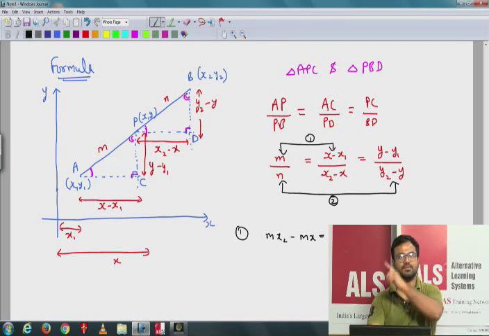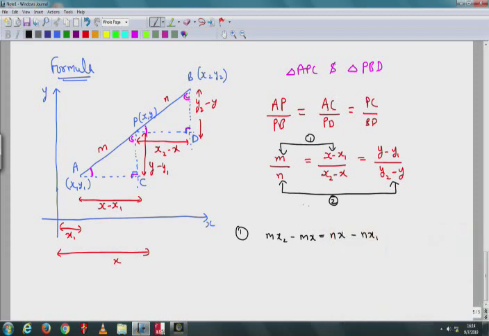I have done the cross multiplication, and my aim is to find the value for x. So what I will do, take this nx1 on the left hand side. So mx2 plus nx1 is equal to nx plus mx, which is equal to m plus n times x.